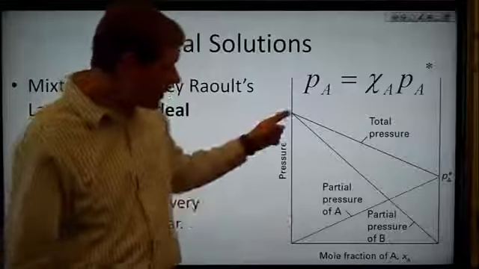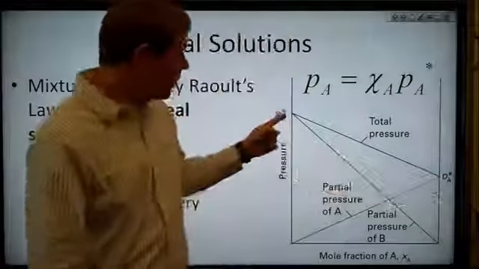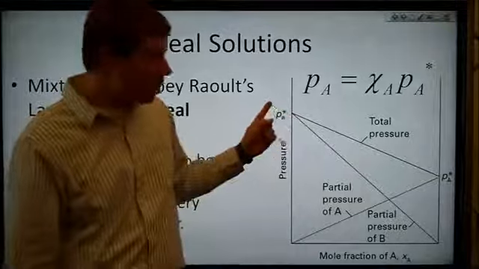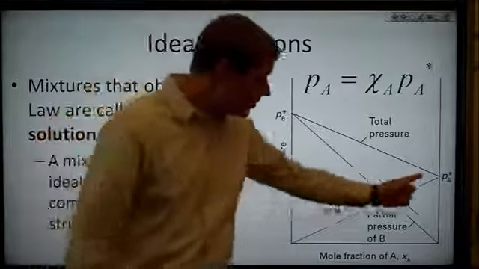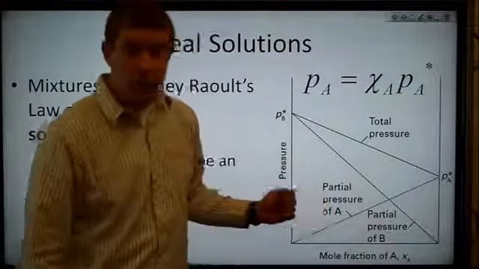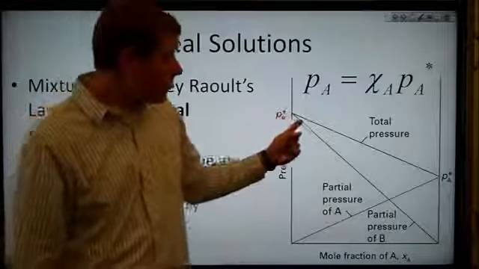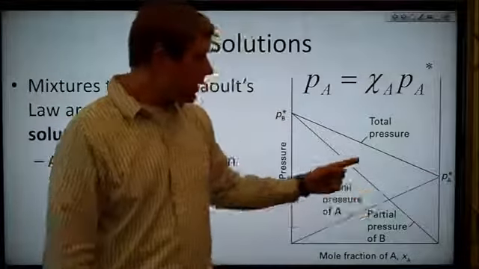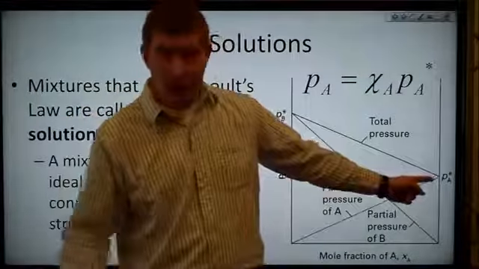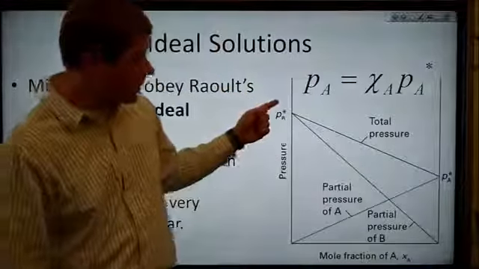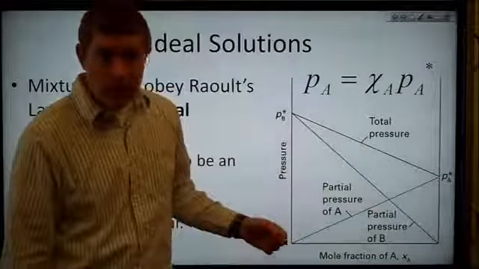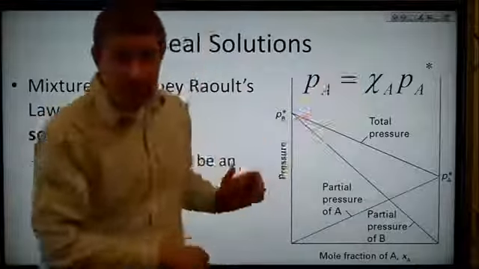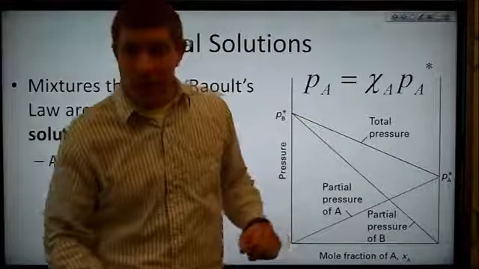So this is pure B, and that's pure A. And what this means is that if we have a mixture, then the total pressure, the sum of the blue and the purple lines, gives us the black line. So if the vapor pressure of A while it's pure is less than the vapor pressure of B, then the slope here would be negative. If A has a higher vapor pressure than B does, then the slope would be positive.